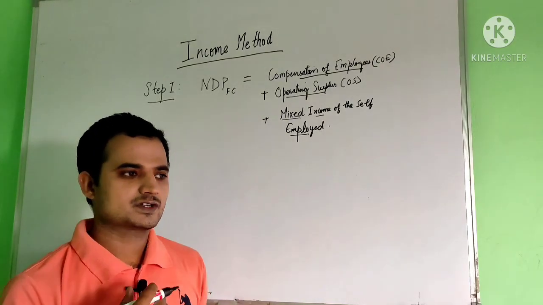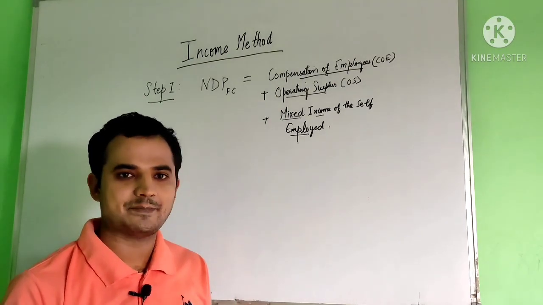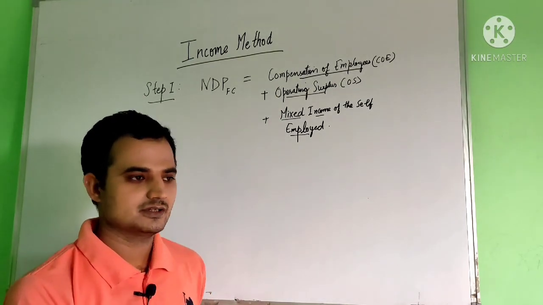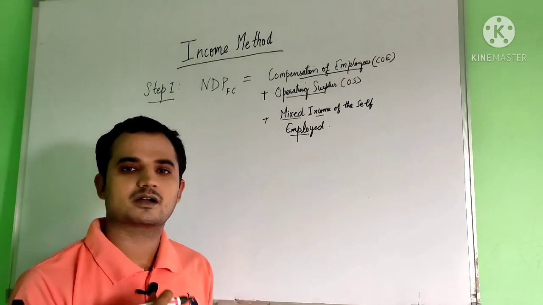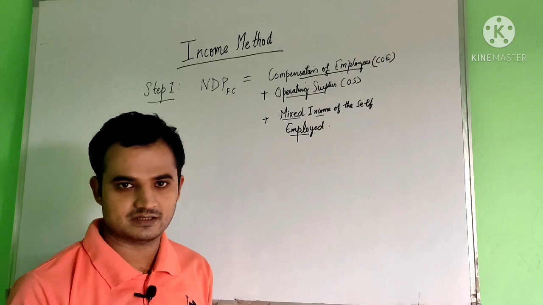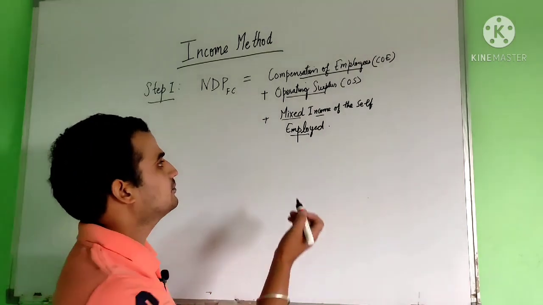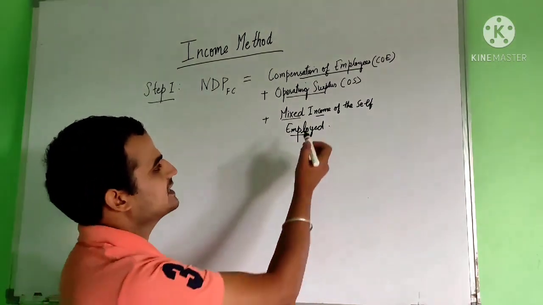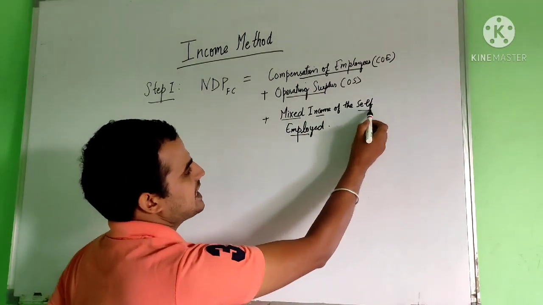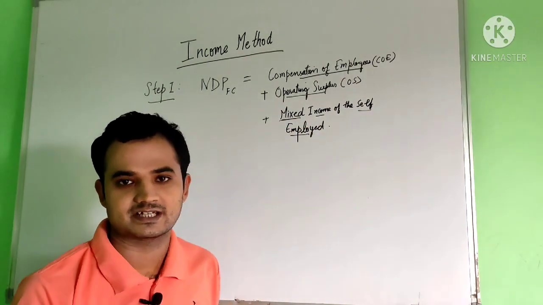For example, he has put his capital in a particular business, and he is contributing his own capital, own labor. So it is not possible for us to separate these different incomes in case of a self-employed person. Therefore we have taken a broad category called mixed income.